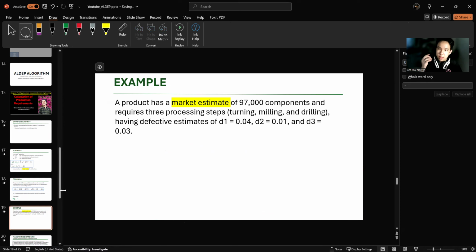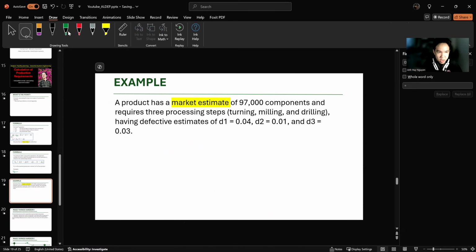Okay, so now let's move to an example. We have here the information: a product has a market estimate of 97,000 components. What is a market estimate? It's just a fancy word for the output, the final products.